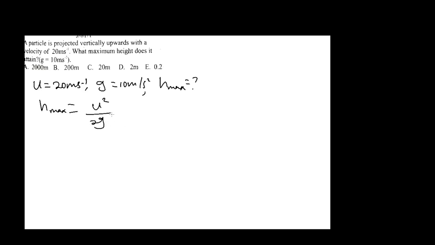So this is the formula that we have for the maximum height. So our initial velocity is 20. So we'll say 20 squared divided by 2 times 10. And this will give us 400 divided by 20. So this and this should cancel, and then we have that the maximum height reached is going to be 20 meters.